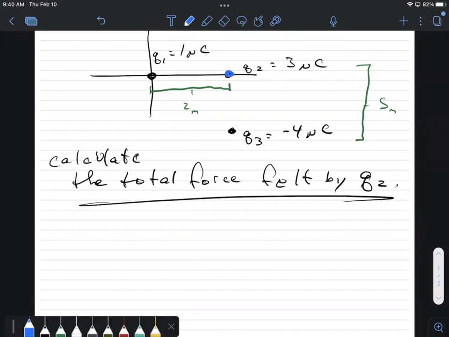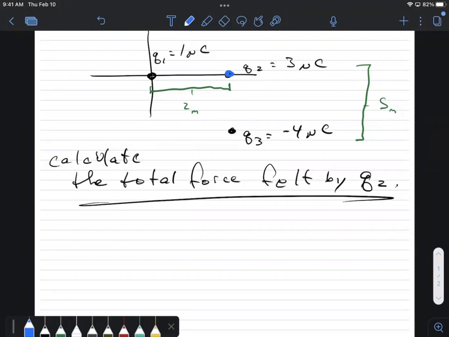So if I calculate those forces separately, I'd get some number for each force. Then to get the total force, it's a simple matter of just adding those individual forces together. Thankfully, that's what works. It could have been that we live in a universe where this doesn't work. But this particular method is what's called the superposition method.